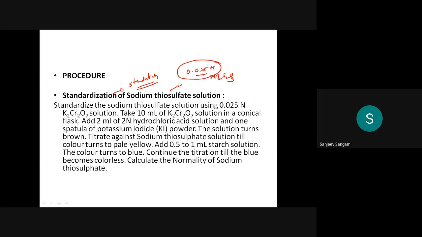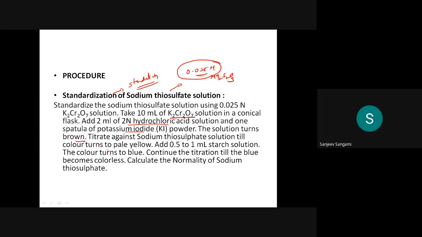Then how to do it? Take 10 ml of potassium dichromate, K2Cr2O7 solution, in a conical flask. Add 2 ml of 2 normal hydrochloric acid and a spatula of potassium iodide powder. The solution turns brown. Titrate against sodium thiosulfate solution till the color turns pale yellow.